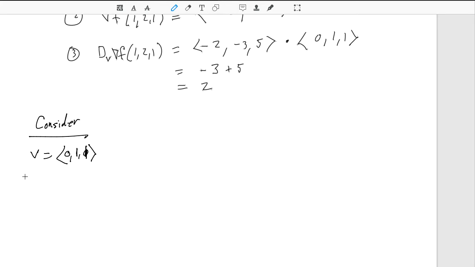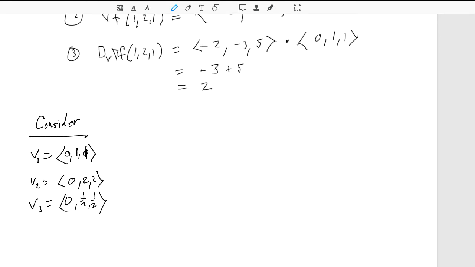Now, consider if we had some other vector, let's call it v2. What if we had a direction vector of (0, 2, 2), or some other vector, (0, a half, a half)?